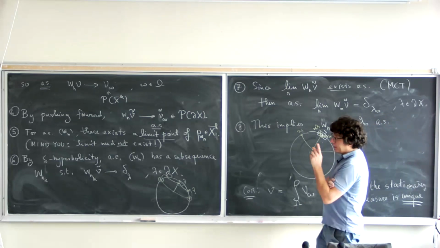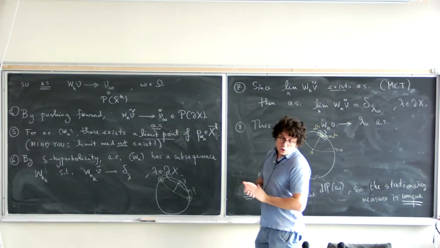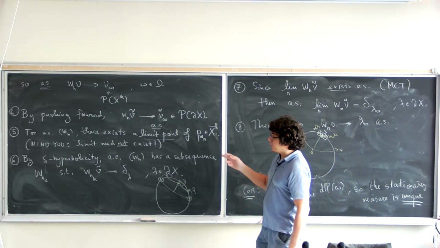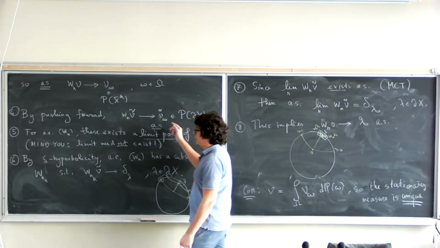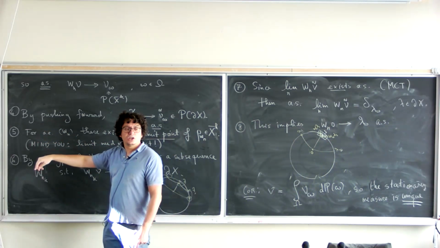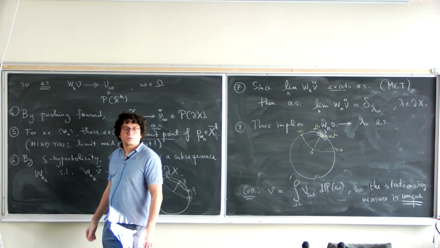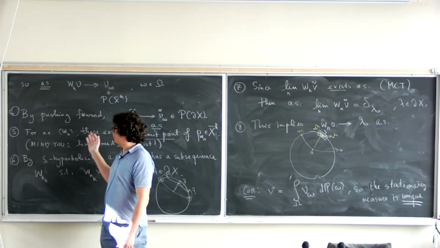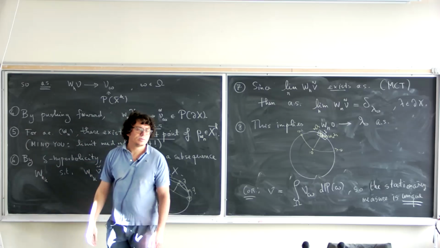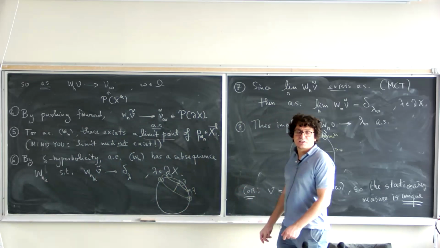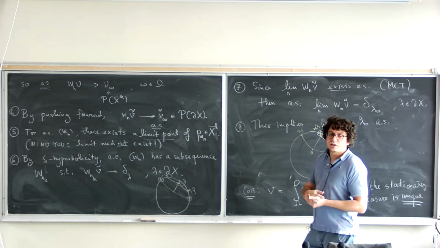Yeah, that's right. But since we know that the stationary measure does not charge the inside, it could happen, but you can still intersect with the set of points that converge to x infinity, which has measure 1. So we get rid of the measure 0 set. That's exactly right.